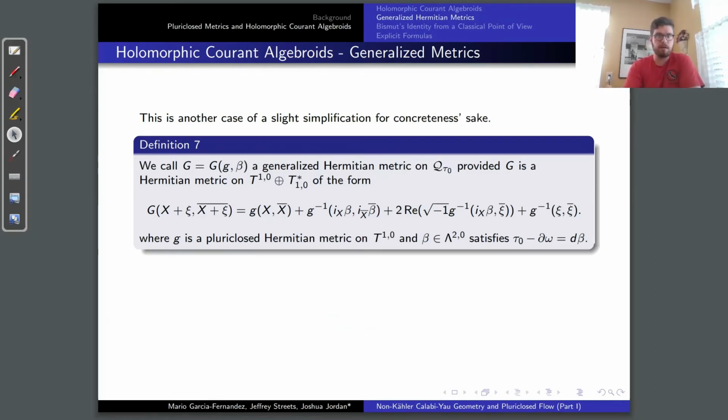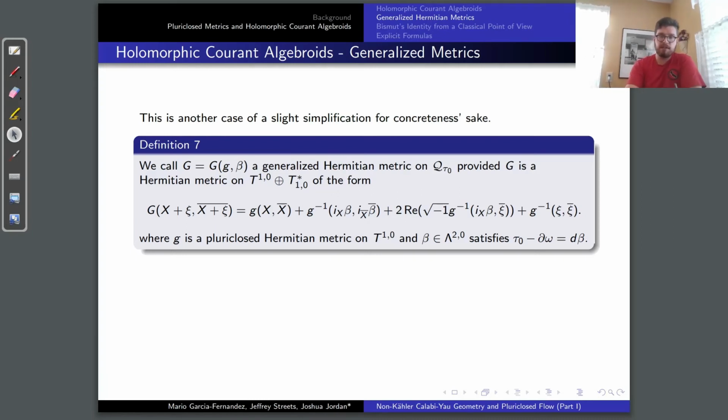So we're geometers, right? We care a lot about vector bundles. We also care a lot about metrics on vector bundles. So how do we put a generalized metric on a holomorphic Courant algebroid, right? Well, a generalized metric on a holomorphic Courant algebroid is a Hermitian metric on T plus T star of a particular form.